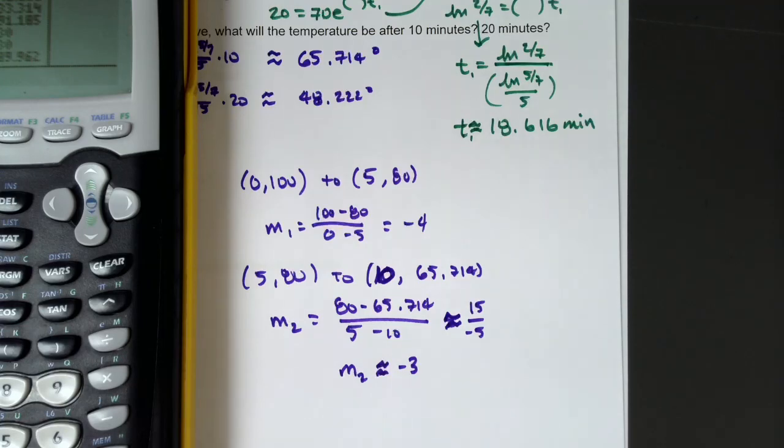So in the first 5 minutes, it's averaging losing 4 degrees every minute. But in the next one, it's only losing 3 degrees. And you can think of that in real life, how things start to cool rather quickly, but then as they get close to each other, their rate slows down and it takes a little bit longer.